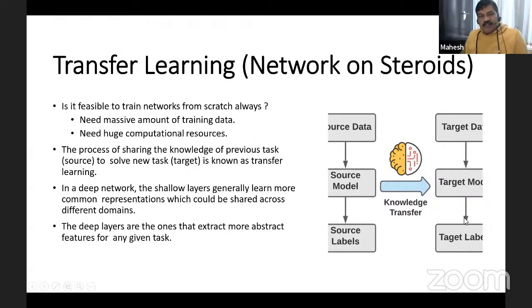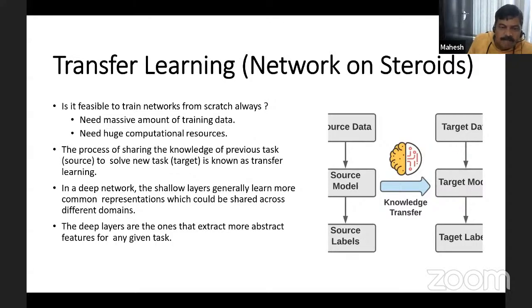And why is it required? Because sometimes we don't have large data available for that domain. Same case for COVID, we don't have much data to train the model. So already we are trained with some other data, and we can tune that model for our application.